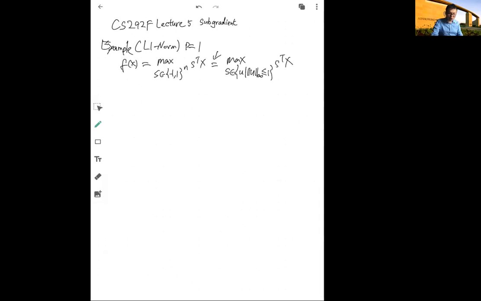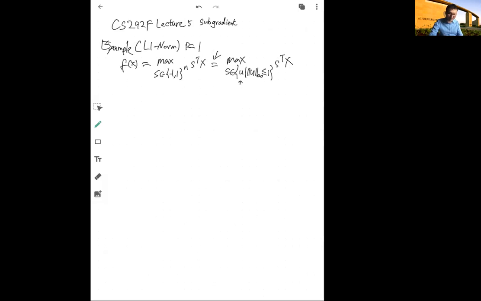Notice that whenever we pick any s that's in the interior, we can always make it larger, so that those points in the interior of this L infinity ball become less relevant. We can always make it closer to the boundary such that s transpose x is larger than if s is in the interior.